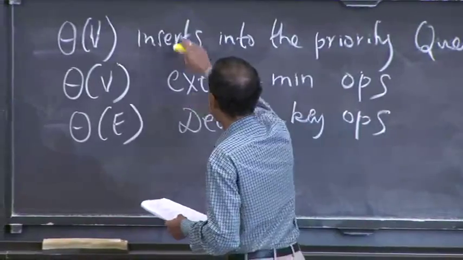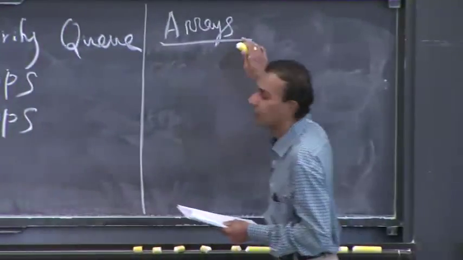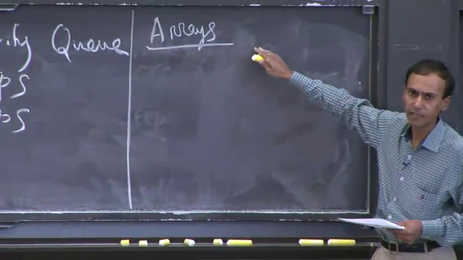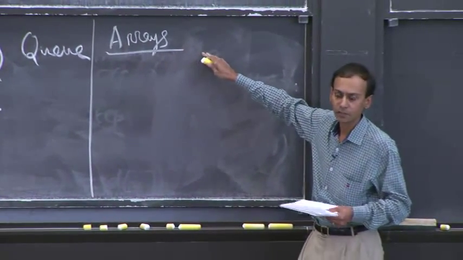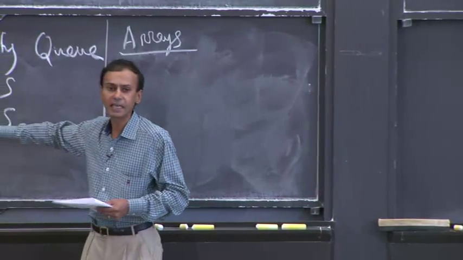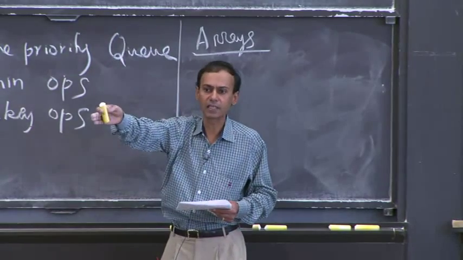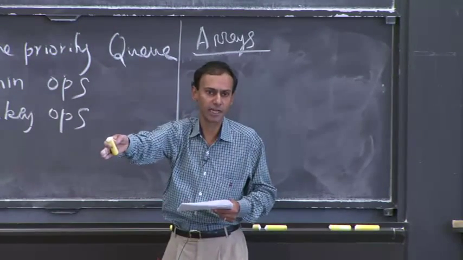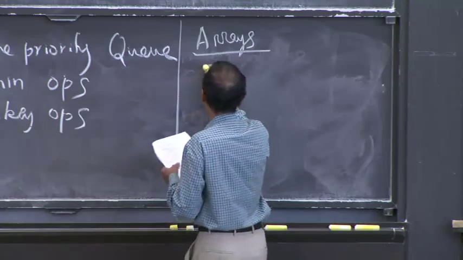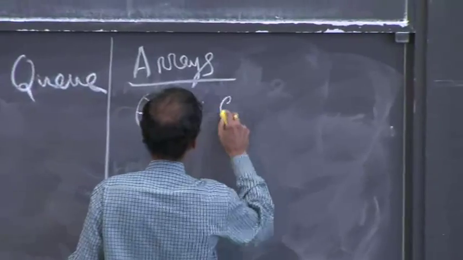If I look at my extract min, what is the complexity of extract min in an array? Theta V. And what's the complexity of a decrease key in an array? I just go access that element and I change it. It's theta 1, right?